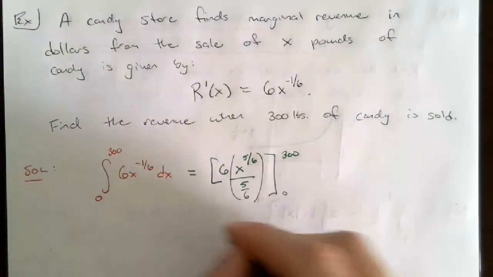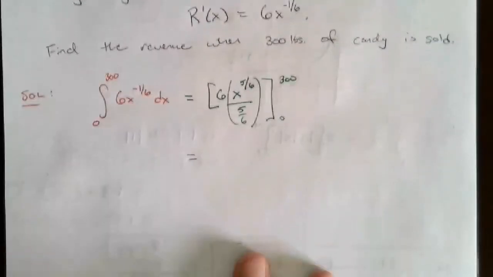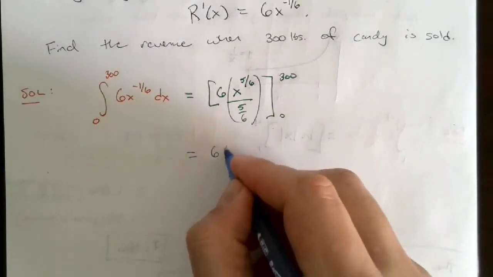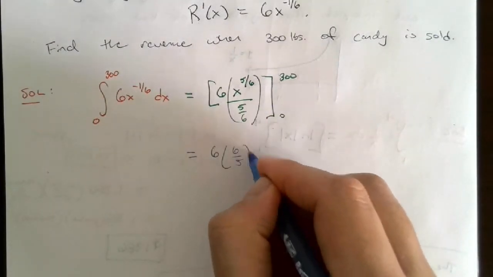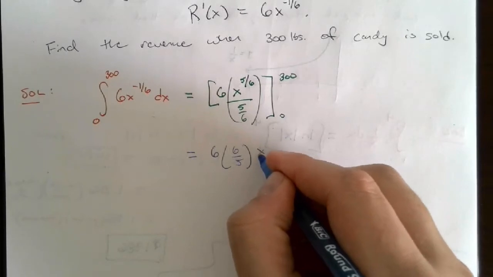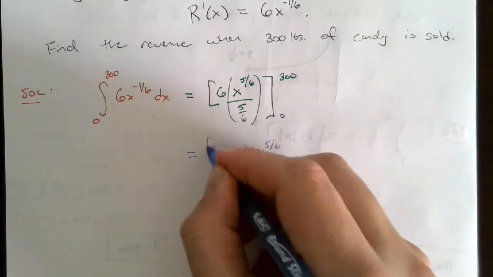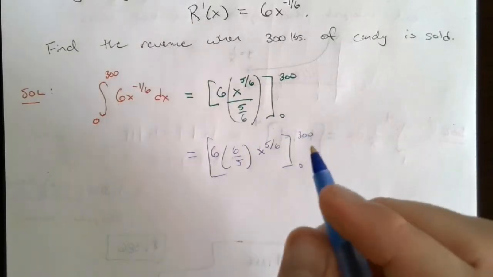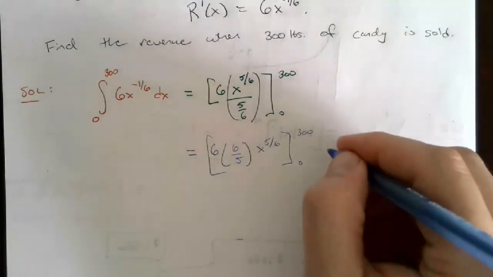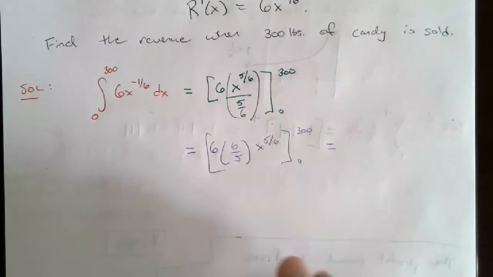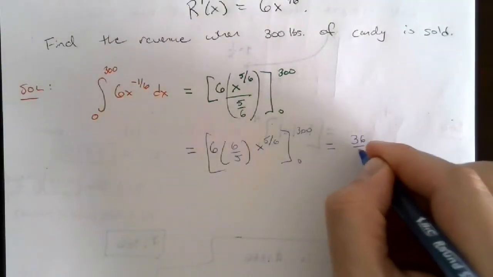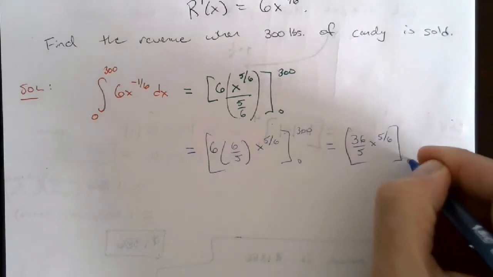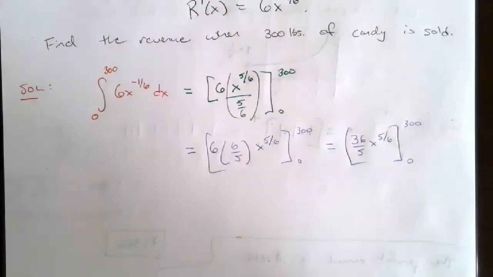Let's simplify this. This gives me 6 times, when you divide by a fraction, you multiply by the reciprocal, so times 6/5 times x to the 5/6. And we're going to evaluate this from 0 to 300. This equals 6 times 6 would be 36/5 times x to the 5/6 from 0 to 300.